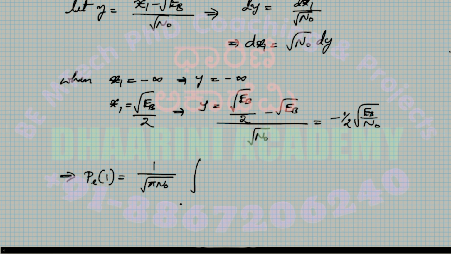Then I'll do the integration from minus infinity to minus half root of Eb by N naught, into the whole exponential, which becomes simply exponential of minus y squared. Because you see the substitution we made, y is equal to (x1 minus root Eb) by root N naught. That's my substitution. So because of that, I'm going to get this.